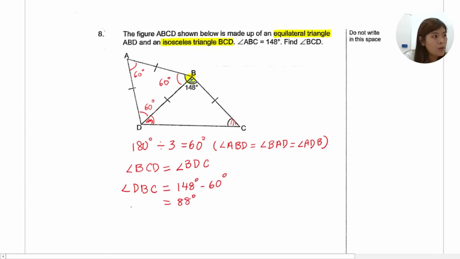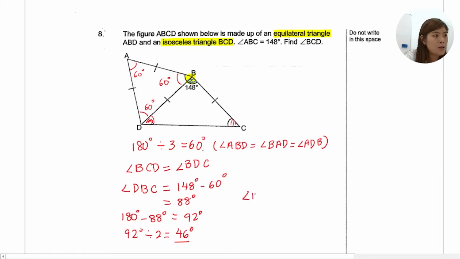With that you are able to find BCD and BDC. Angles in the triangle is 180 degrees minus 88 degrees, and this gives you 92 degrees. Because BCD is equal to BDC, we take 92 divided by 2. This gives you 46 degrees. So BCD is 46 degrees.